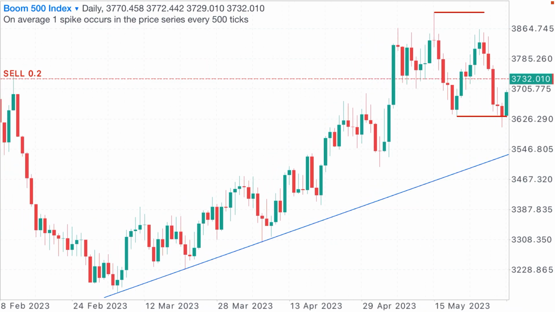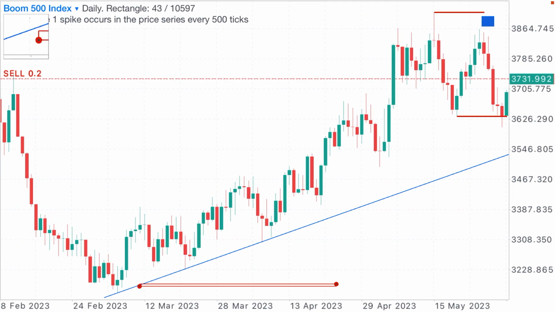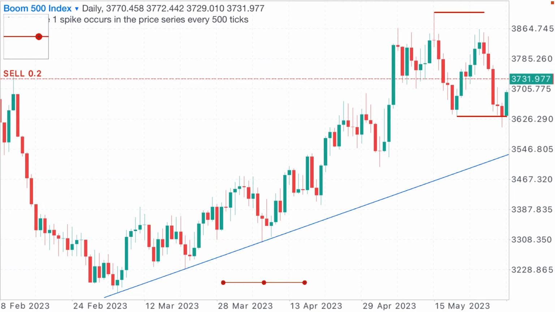So you see, previously the market was creating a structure low, going upward, creating a series of higher highs and lower highs.